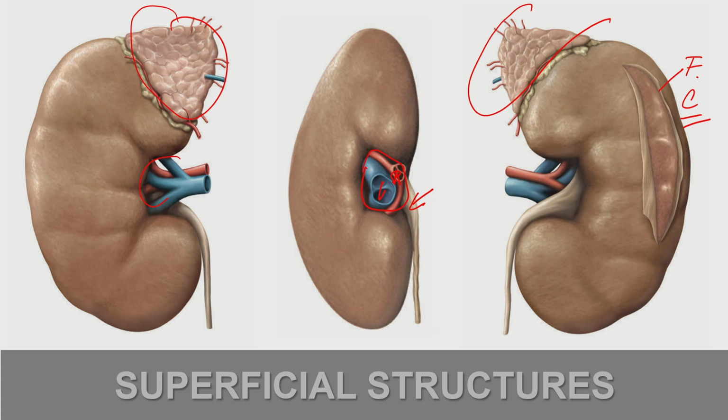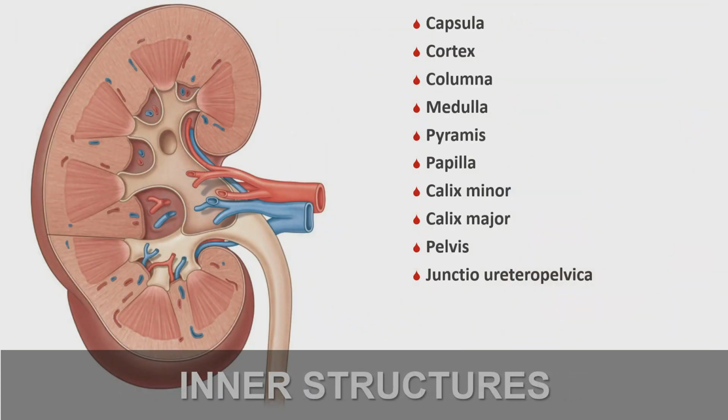In the middle are the artery and branches, and the anterior part contains the vein. So this is lateral, this is medial, upper, lower. And the hilum is oriented medially and a little bit anteriorly. So this is not in a coronal plane, it's a little bit inclined towards anterior.